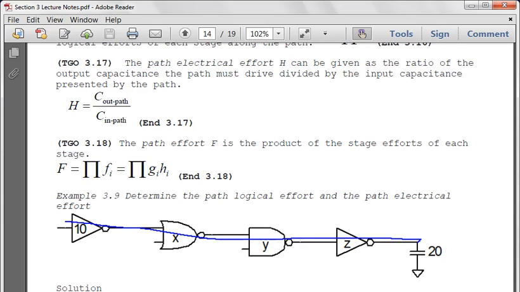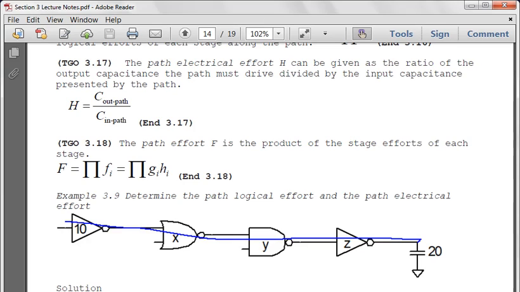We know that the logical effort of an inverter is 1, and we're going to define our path effort as 20 over Z. So we have our input and output capacitance, and we don't know the intermediates. But here's the thing, because they multiply, they're going to cancel out.